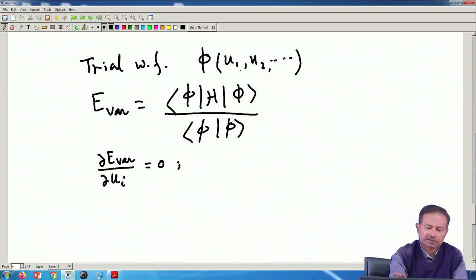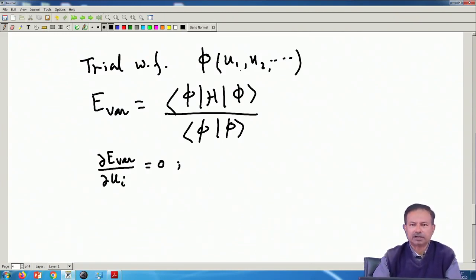So, if you had 10 u's, for example, u1 to u10, then I will get 10 such equations, and then I try to solve these equations in whichever way I can. The easiest way to solve such equations is to write it as a matrix, because these are coupled equations, u1, u2, u3, all of them get coupled in each equation.